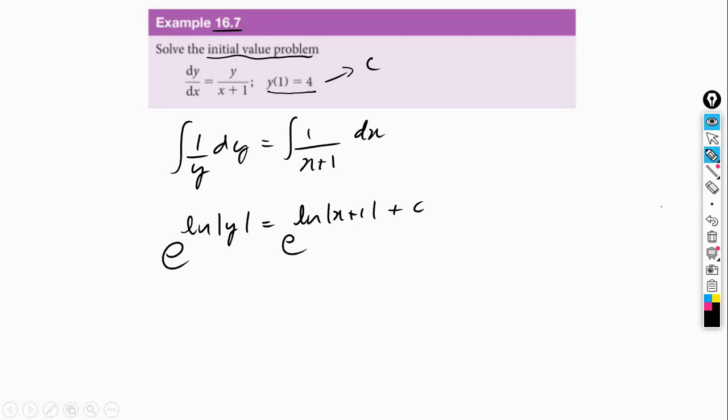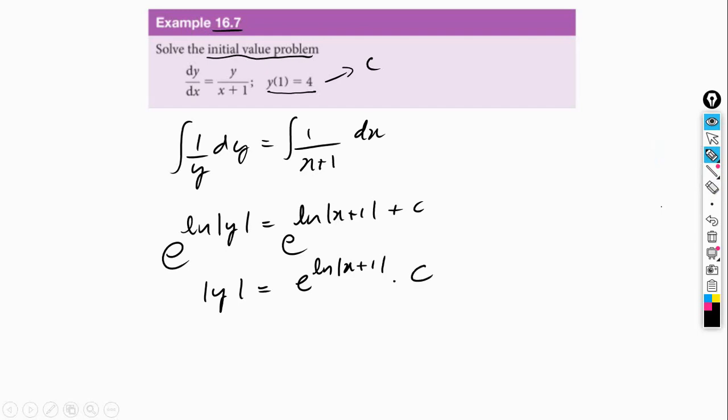So this is going to give us the absolute value of y is equal to Euler's number to the power of the natural logarithm of the absolute value of x plus 1, and we can separate this into times e to the power of c. But notice that this is just another constant, so we can substitute this with c. So let me erase it and substitute this with a simple c.